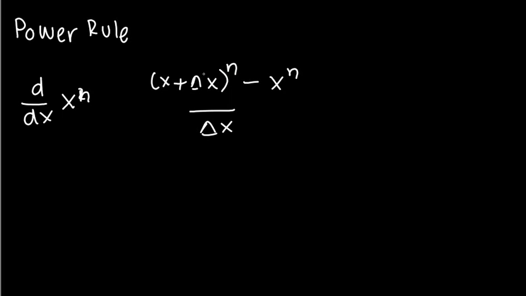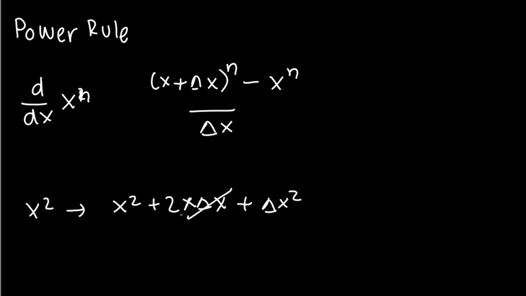If you have x squared, you have to do x squared plus 2x delta x plus delta x squared, and then that over delta x. The x squared would cancel out, because you're subtracting that thing. Delta x squared over delta x would be equal to 0, so you would just get 2x.